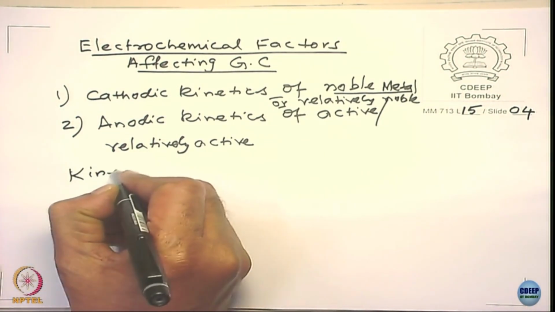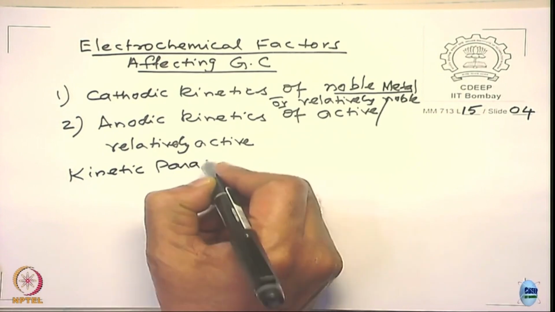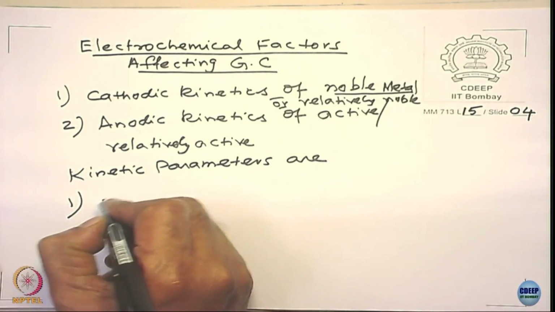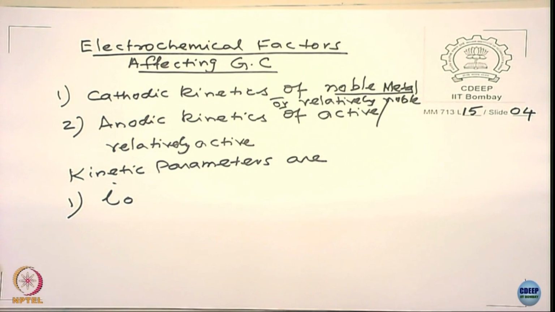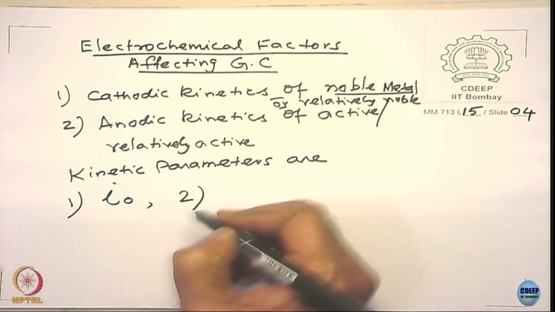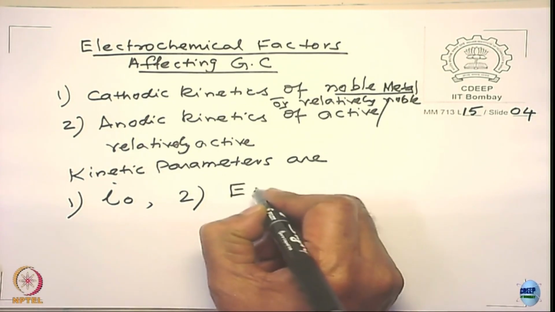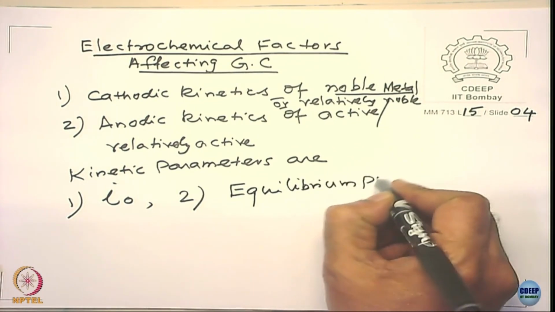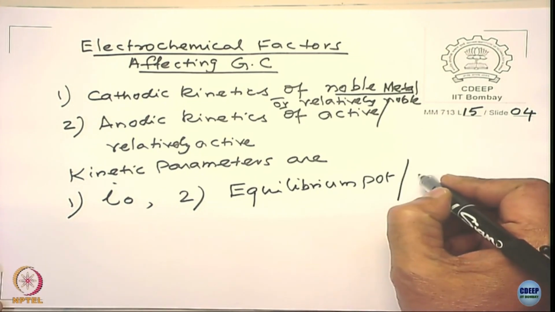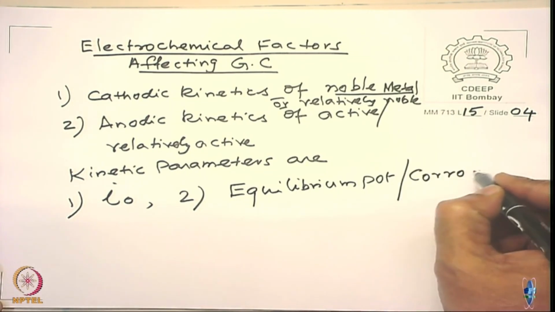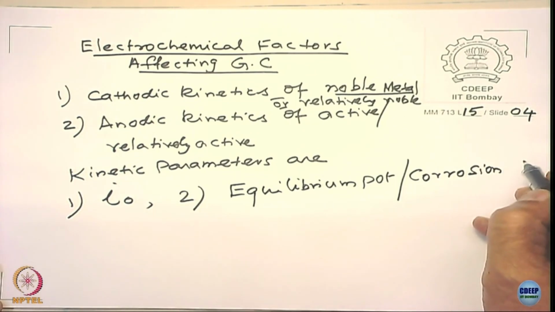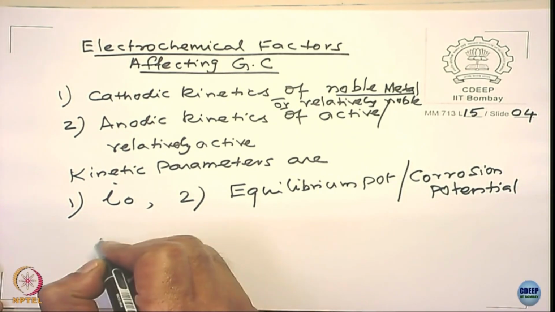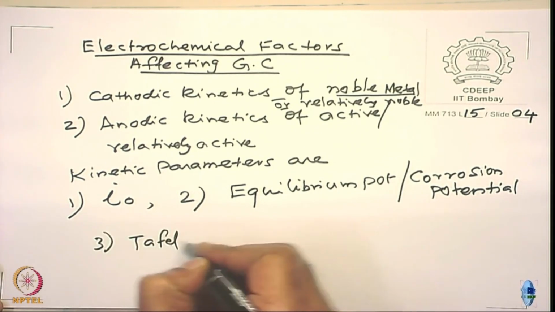The kinetic parameters are: one, the exchange current density; two, the equilibrium potentials, or you may even call them corrosion potentials; and third, the Tafel slopes.